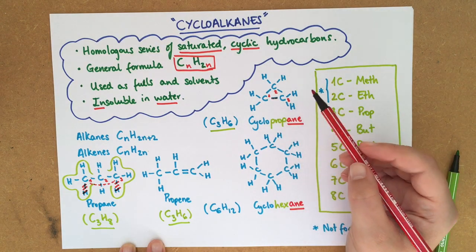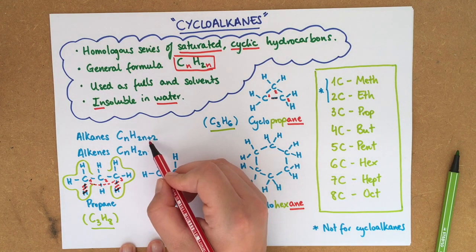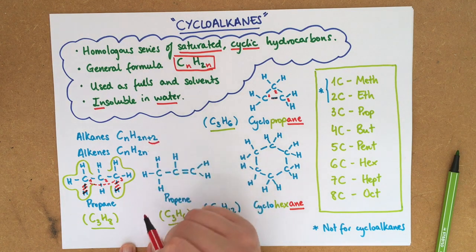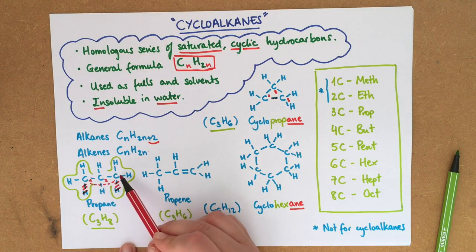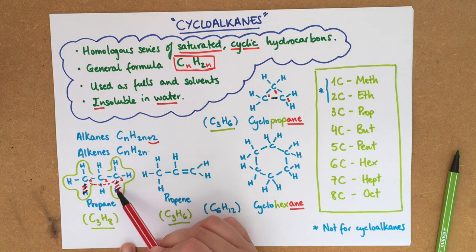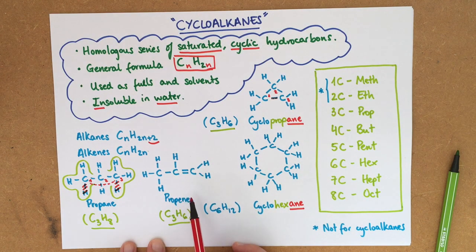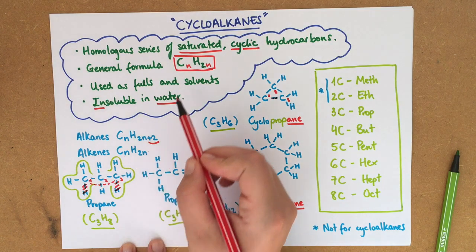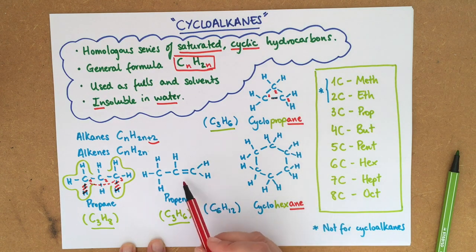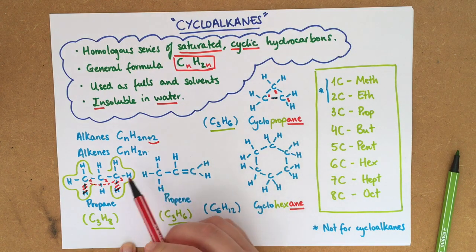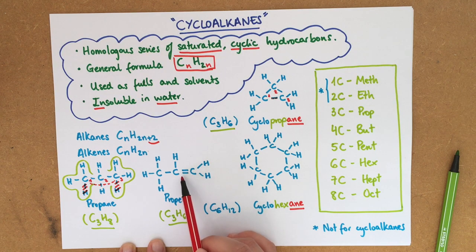So that is why in the molecular formula the alkanes have these 2 extra hydrogens, because they have 2 extreme carbons that need 3 hydrogens to complete the 4 bonds. In the case of propene, which has the same general formula as cyclopropane, those 2 extra hydrogens have been lost because we have a double bond.